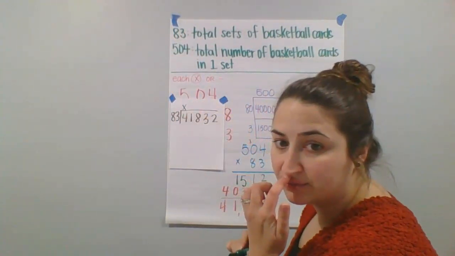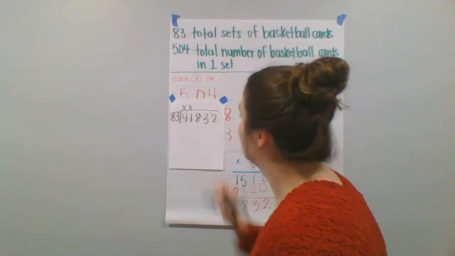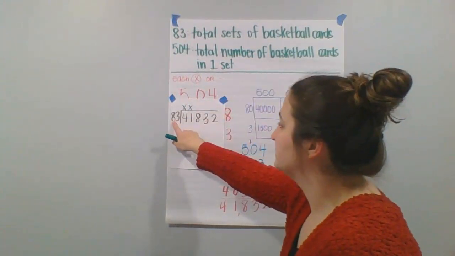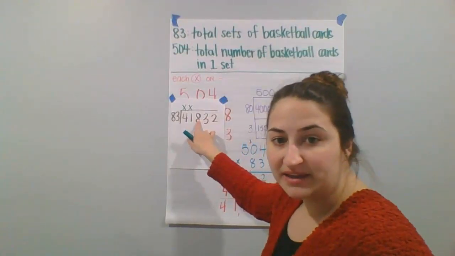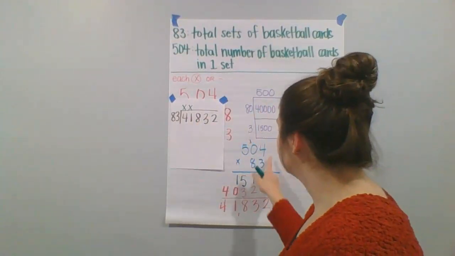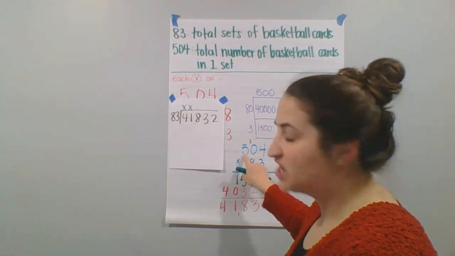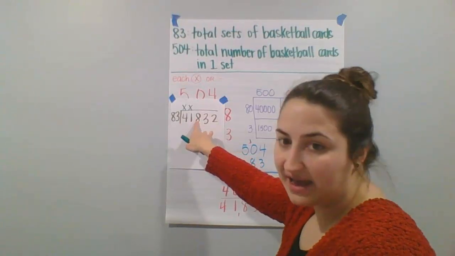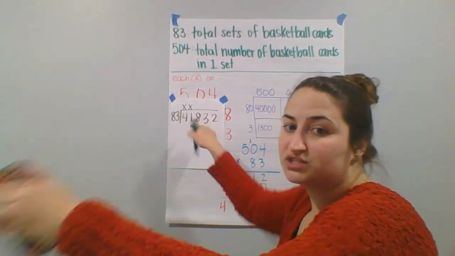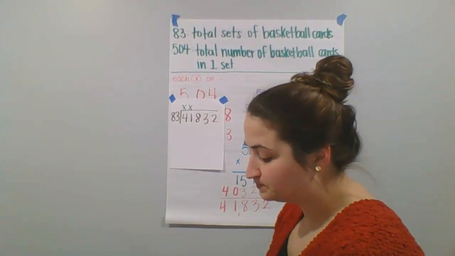We know that 83 can't go into 41. So we want to check and see how many times 83 can go into 418. And what I recommend doing is looking at this number right here and checking to see if this is going to be 5.